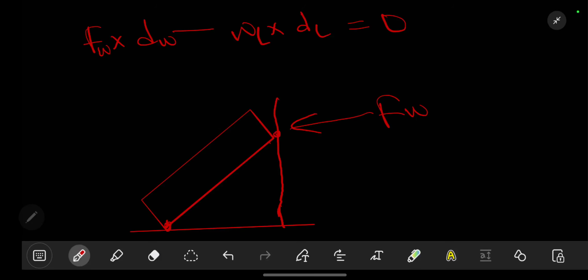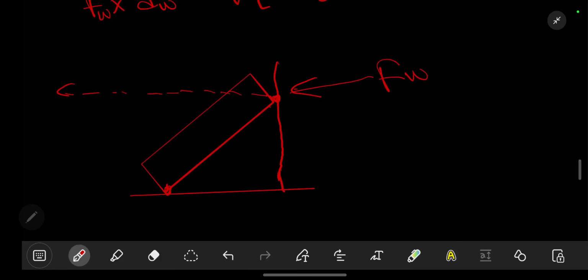You go where it is in contact with the wall, and you extend the force like that. Then for this same extended force, you draw another line from the pivot point, which is the point of contact, parallel to this extended line.